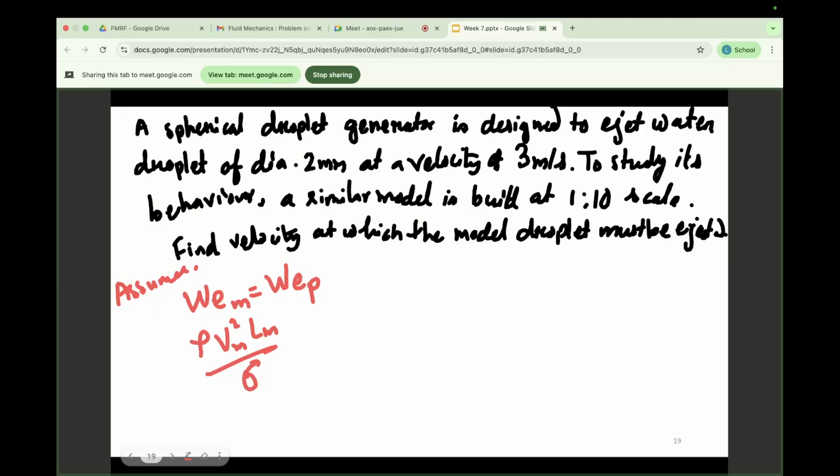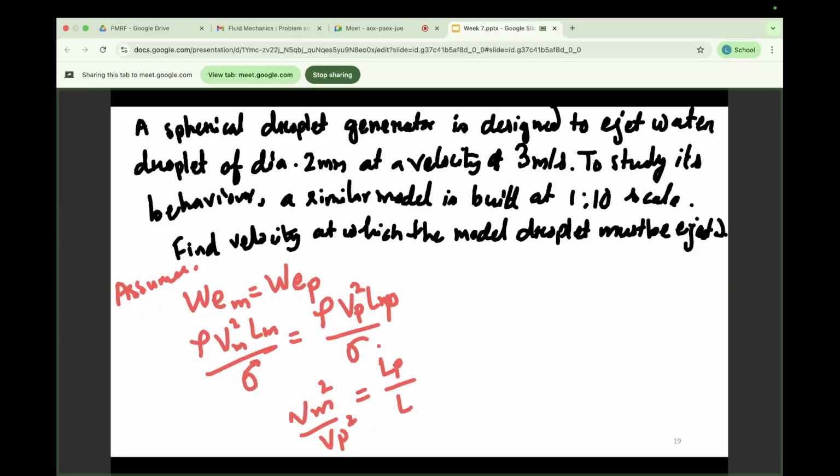As the liquid is the same, rho and sigma will not change. Only the velocity and length will change, right? So I can write (Vm by Vp) square equals Lp by Lm.